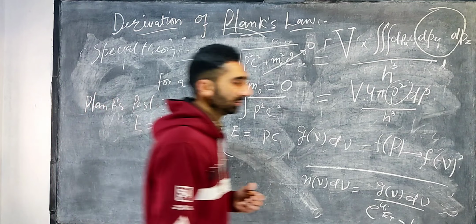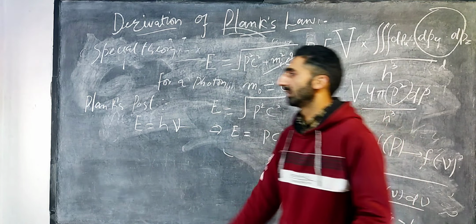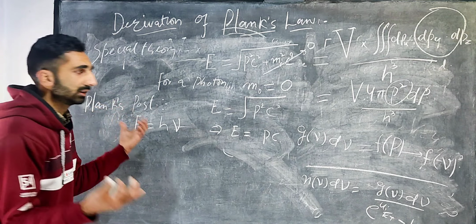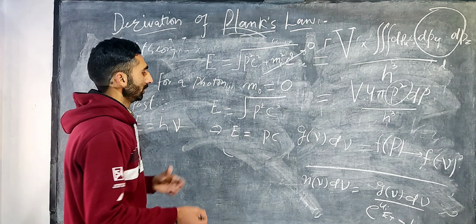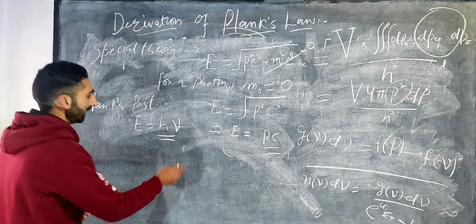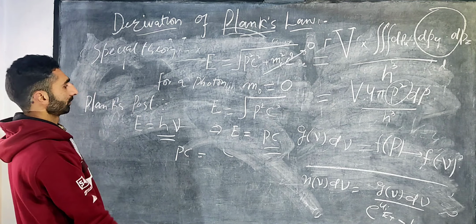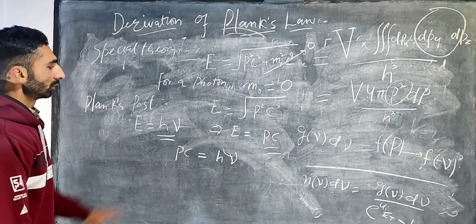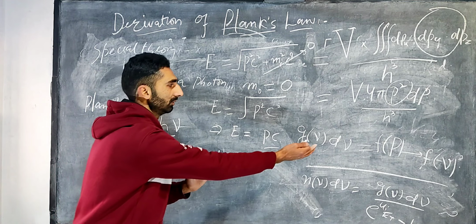This is already known to you, and I have said this in the earlier classes also. So from these two cases, h nu will be equal to pc. This gives the relationship between the momentum and the frequency.